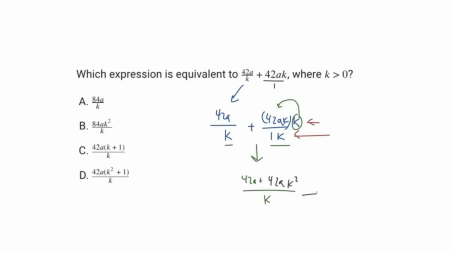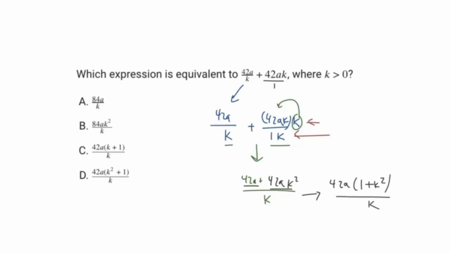Now we need to factor out the greatest common value from the top. So that is going to be 42a, and 42a times 1 will give us the first value of 42a, plus k squared, where 42a times k squared will give us the second value, all over k.